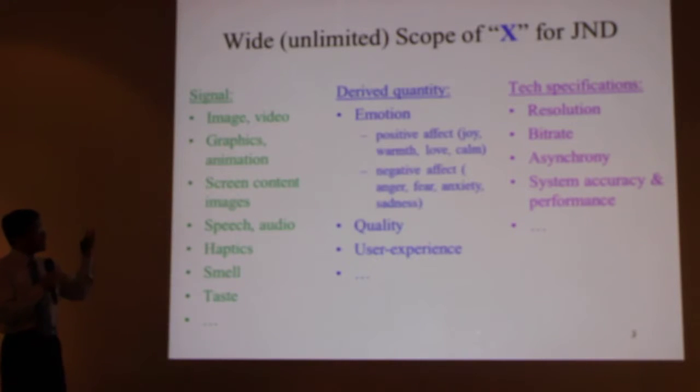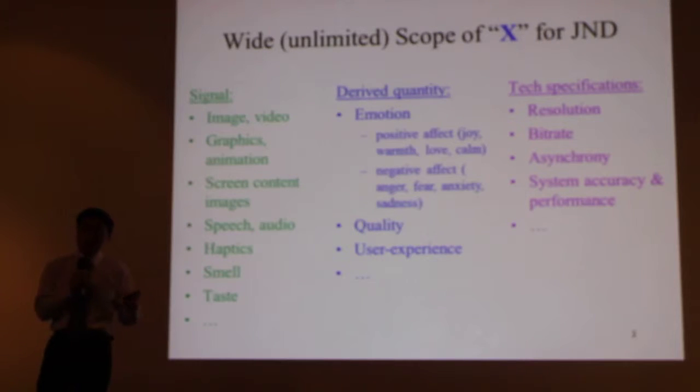Apart from that, for technical specifications like resolution, bit rate, synchronization, and system performance accuracy, we also can calculate JND. Although there is not much research in that area, I think this can be extended to that domain as well.